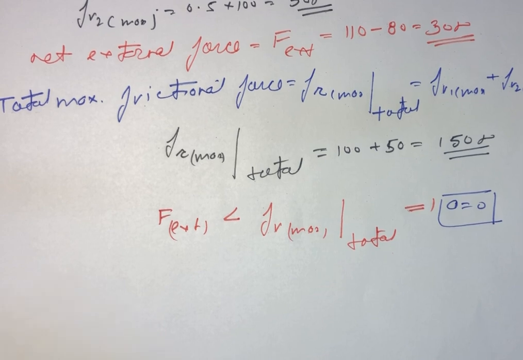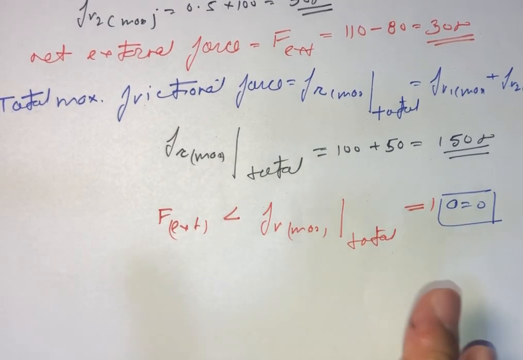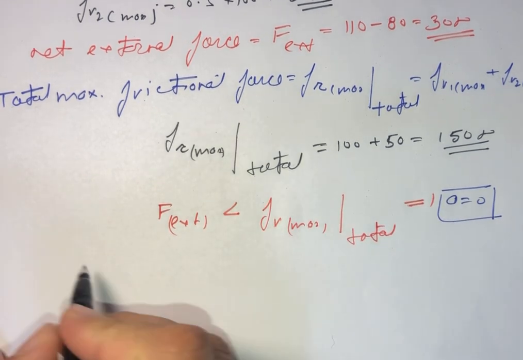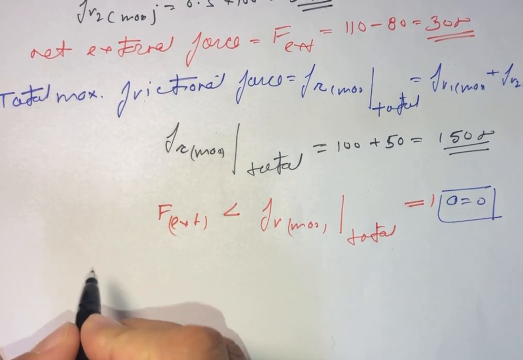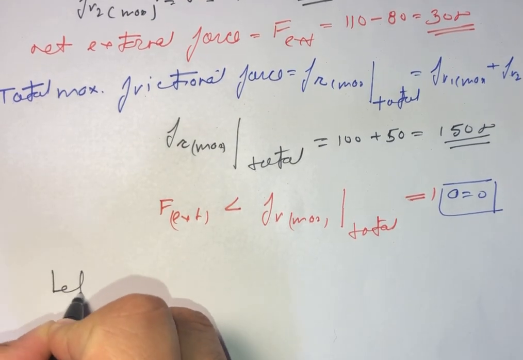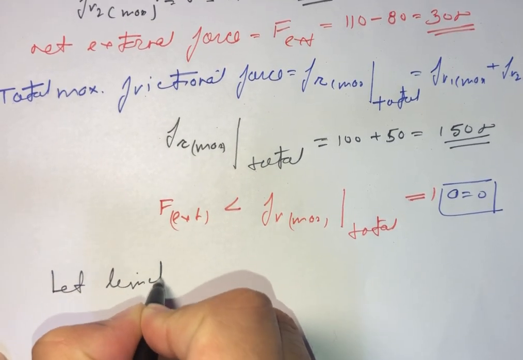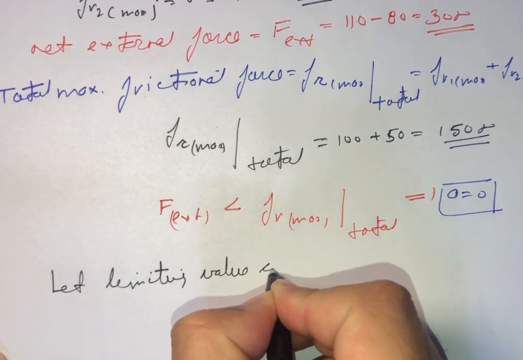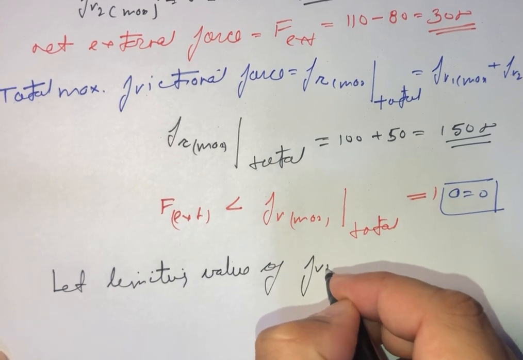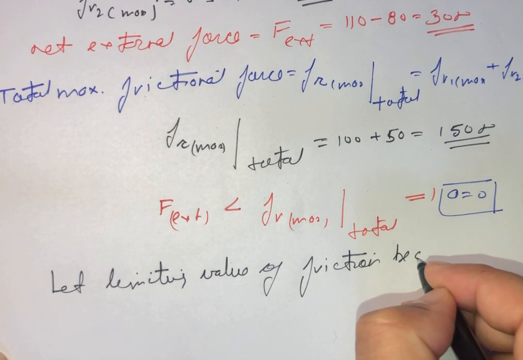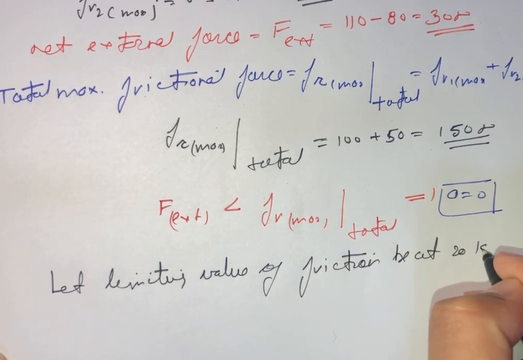Next, we are going to once again say about the limiting value of the friction. Okay, so we say that let the limiting value of friction be at 20 kg.